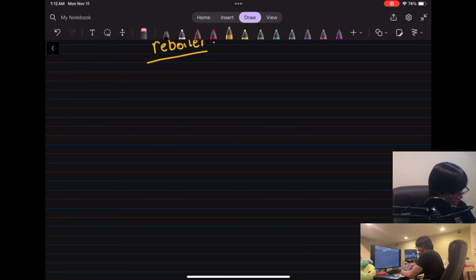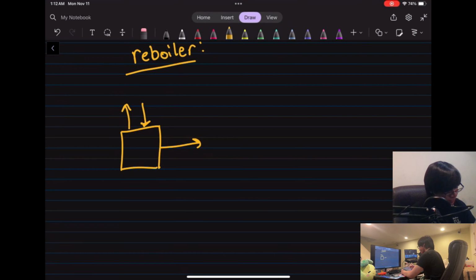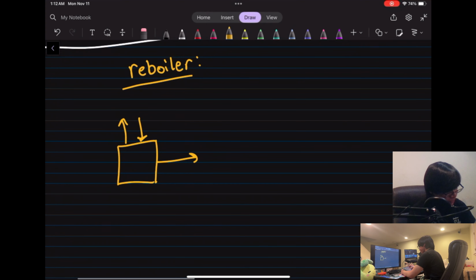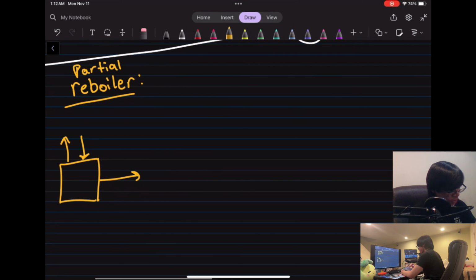Okay. Reboiler, we have two streams coming down and then one stream going out on the side. That's our bottoms as usual. So notice that this is actually a partial reboiler. That's very important since it determines how we discuss the equation side for our degrees of freedom. So we have variables, 3 streams, so 3C plus 2, same old story.